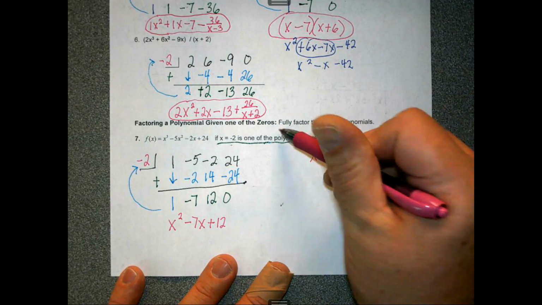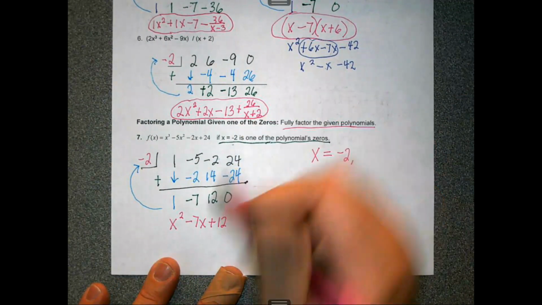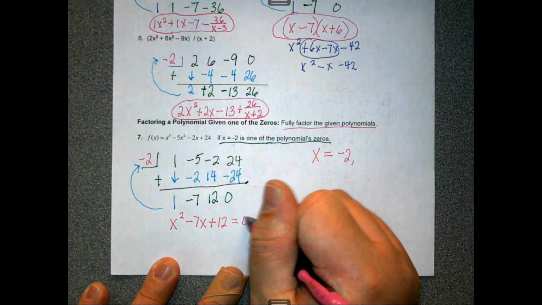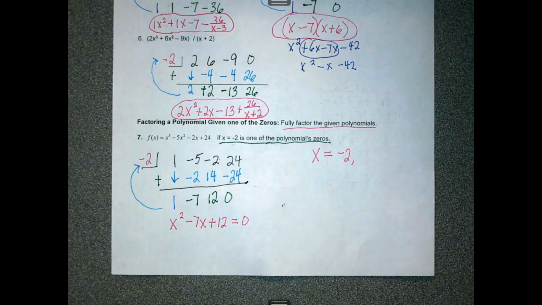Fully factor it. So I'm going to set this equal to 0. Now we've got all kinds of different ways to solve a quadratic, right? We've got completing the square, factoring. What else? Oh, if all else fails, we've got the quadratic formula, right?